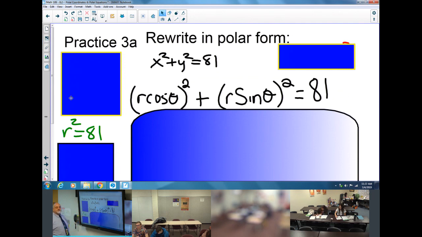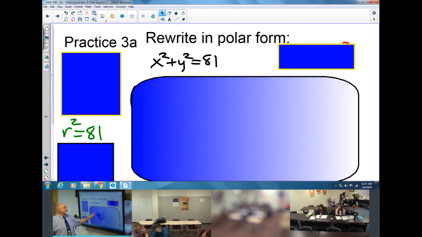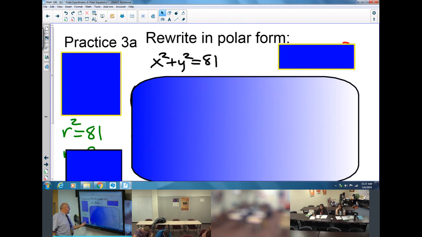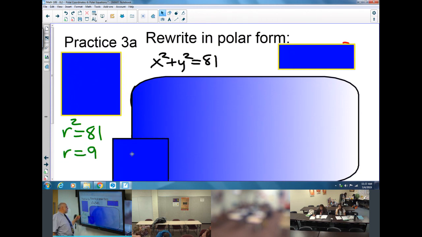And that's it. So you don't have to do the cosine and the sine. You could, but it's way more work. So just substitute x squared plus y squared is r squared. So r squared is 81. Now, you could even say, if you took the square root, r is equal to 9.